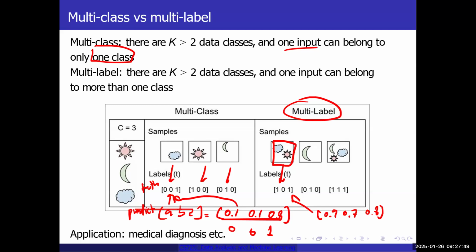And multi-label is often used in medical, because, for example, you have your CT scan, right? And you want to be able to diagnose some of the symptoms. And for one image of the CT scan, there can be many symptoms, right? You can have many diseases at the same time, right? So that is multi-label.